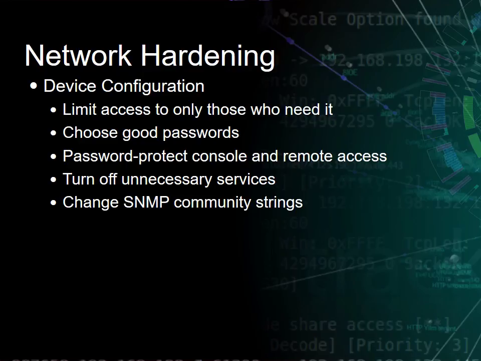So your administrators choose good passwords or use certificate authentication, which is possible with Cisco devices. Password protect console and remote access. Turn off unnecessary services. For example, turn off Telnet on your Cisco devices and just use SSH. And change the SNMP community strings to something other than the default strings, and something that's not going to be easy to guess as well, because SNMP can do a lot on your network.